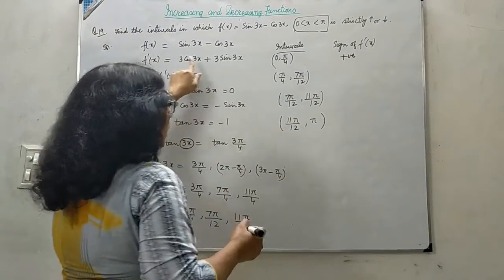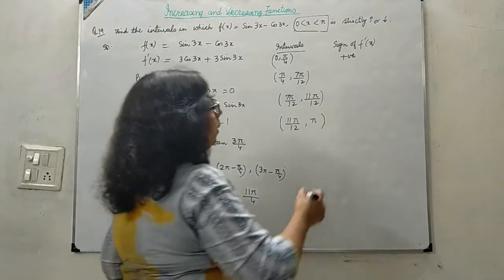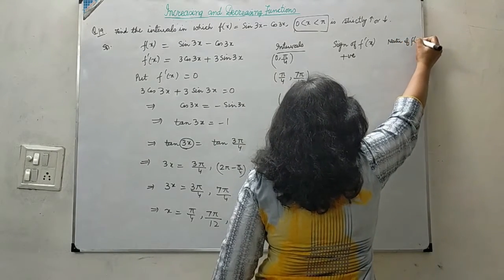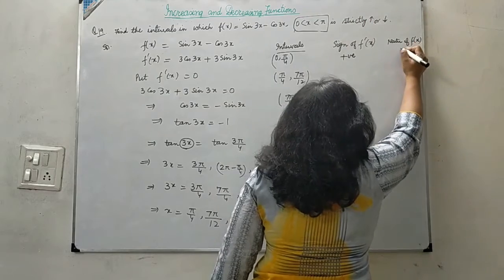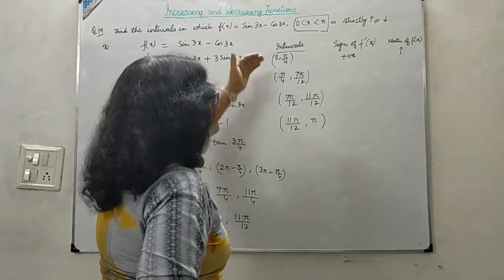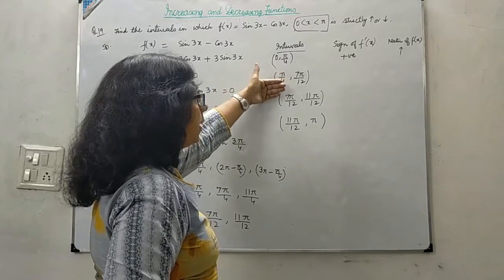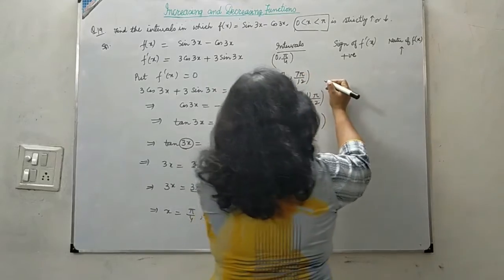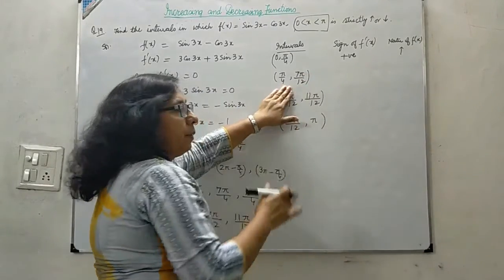You can check easily with any point over here. So the nature of the function in this interval will be positive, and I have told you, if you get it correct, then all the interval signs will alternate plus and minus, and you can also check pi by 4 to 7 pi by 12.